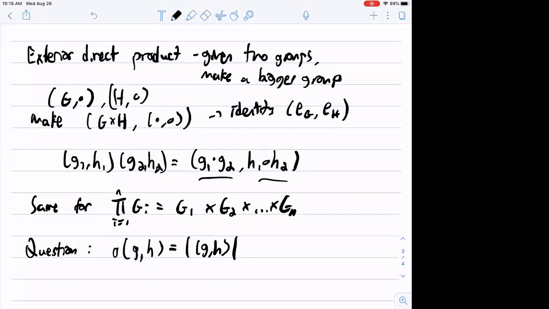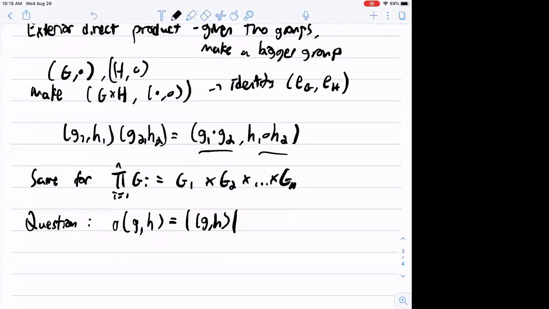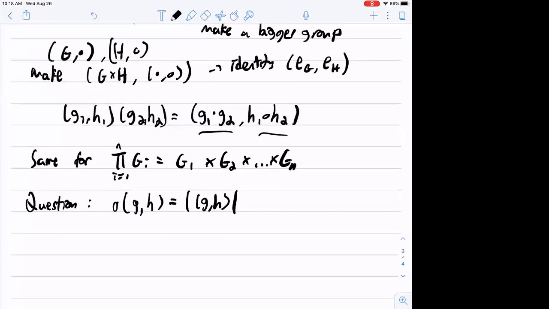Normally I write e for identity, but here you need to specify the identity for which group, so I write eG and eH. It makes sense that I need this one to be identity and this one to be identity. If I get identity on one and not on the other, it doesn't work. And if you think about it, you take the order of g and the order of h and take the LCM. So this is the LCM of the order of g and the order of h. The order of elements in our group here is very explicit.